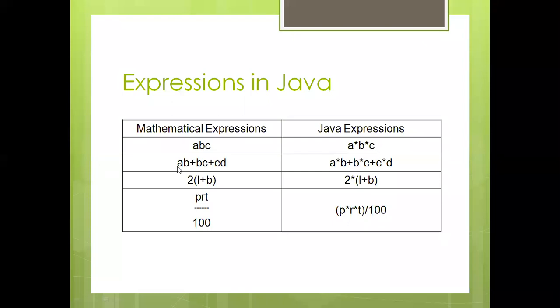See the second statement, ab plus bc plus cd. It means a multiplied by b plus b multiplied by c plus c multiplied by d. Same here, 2 then the bracket l b: 2 multiplied by (l plus b). Now see PRT over 100.